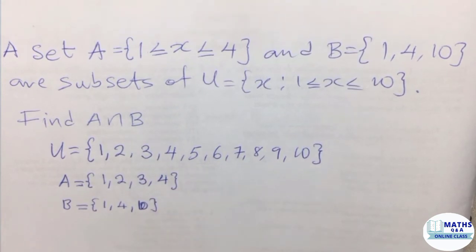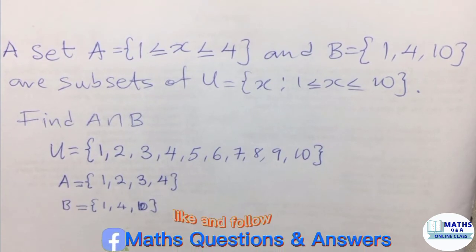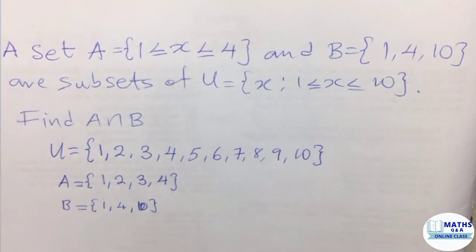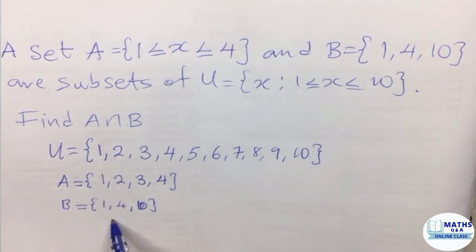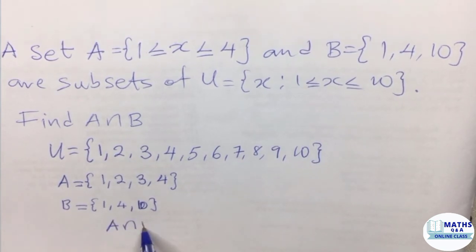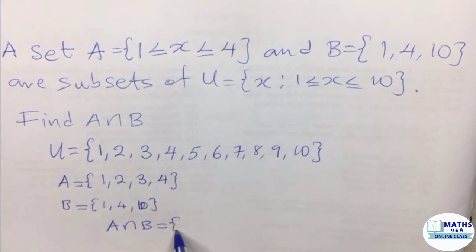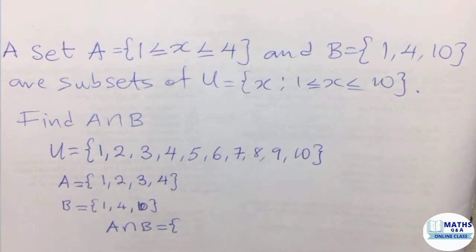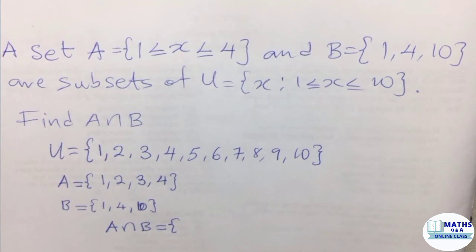Now the next thing that we have to do is to come to our major problem itself, that is A intersection B. With intersection, it means that we're looking for common elements in the set A and the set B. So the elements that are common to the set A and B will form the intersection of A and B. So if we are looking for the intersection of the sets A and B, let's go back to the sets given, the elements in A and B, the common ones in there.